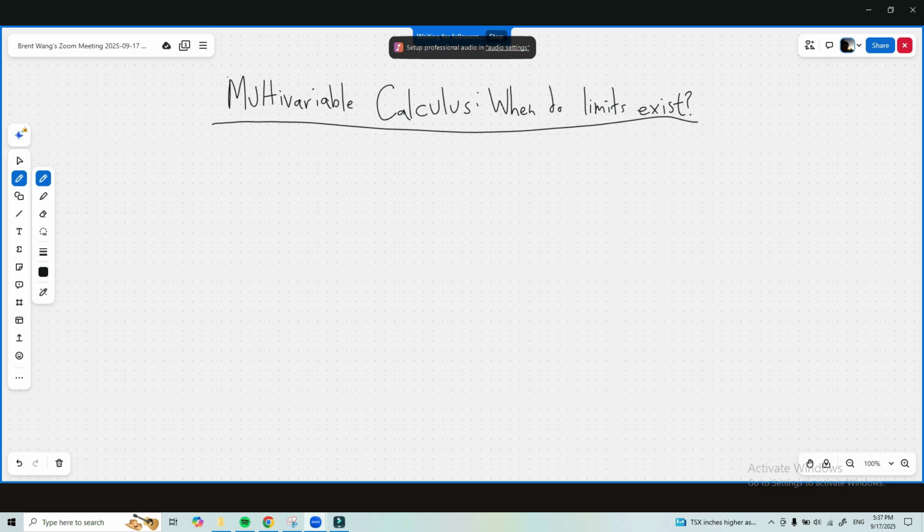That's actually very easy. A limit doesn't exist if the values are different from two separate curves.